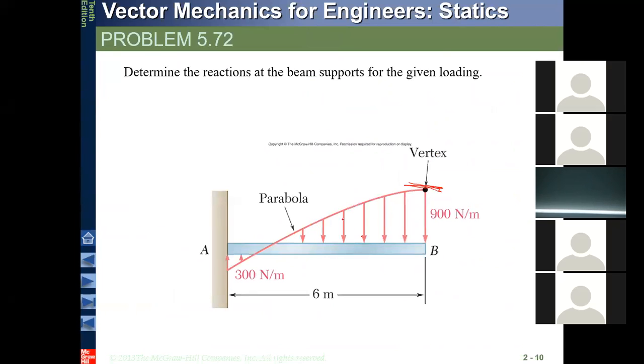You have a load of the shape of a parabola, and you have the maximum values at each end, and you're asked to determine the reactions. So this is a fixed support, and then you're going to have 3 reactions: one for the y direction, for the x direction, and a moment.